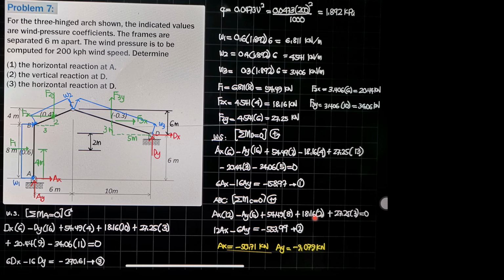Now for dx and dy, we consider next the entire system. We sum up moments about A equals 0 and considering clockwise this time as positive.